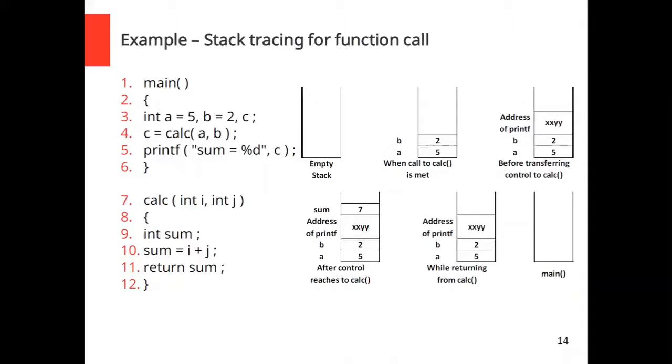On returning to the main function, this value is popped, removed from the stack, and it knows the address of the next instruction, and it displays the result on the screen. After that, instructions are over and the stack becomes empty.